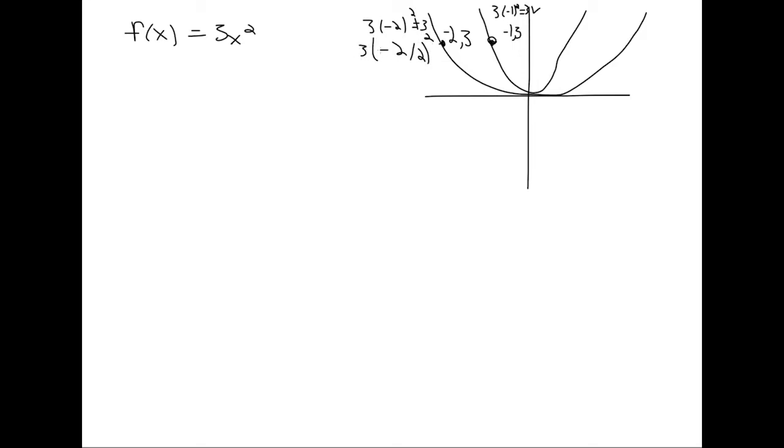Okay? So if we divide our x value by 2 before we plug it in, how does that work? Well, we would get 3 times negative 1 squared, which does indeed equal 3. So that would work. So our new function, let's just call it g, is going to be 3 times x divided by 2, squared.